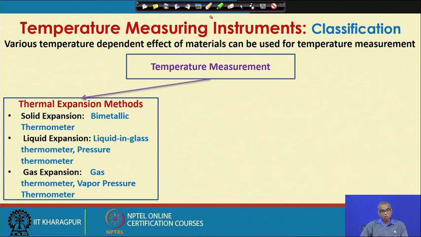So, depending on whether I am choosing a solid material or liquid material or gas material, I will have solid expansion thermometers, liquid expansion thermometers and gas expansion thermometers, and we will take various examples under these categories such as bimetallic thermometer, liquid in glass thermometer, pressure thermometer, gas thermometer and vapor pressure thermometer.